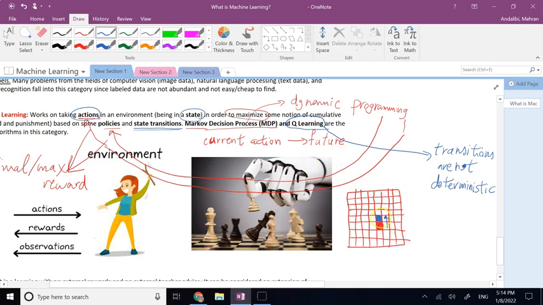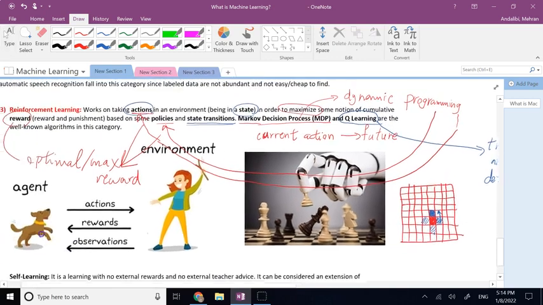With 50% probability, I end up here, maybe 20% here, maybe 10% here, maybe another 20% here. So if you have probabilities of transitions, not actual crisp deterministic transitions, then you cannot use the Markov process and you have to use an approach like Q-learning.